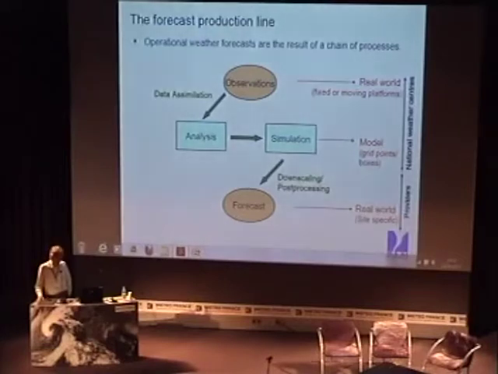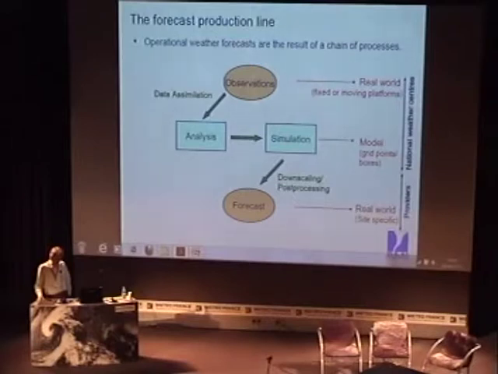This is a first source of uncertainty in this process. Then from the analysis you start producing a simulation, another source of uncertainty, where, as I just told you, the errors will start growing. And then from the simulation, you derive a forecast.